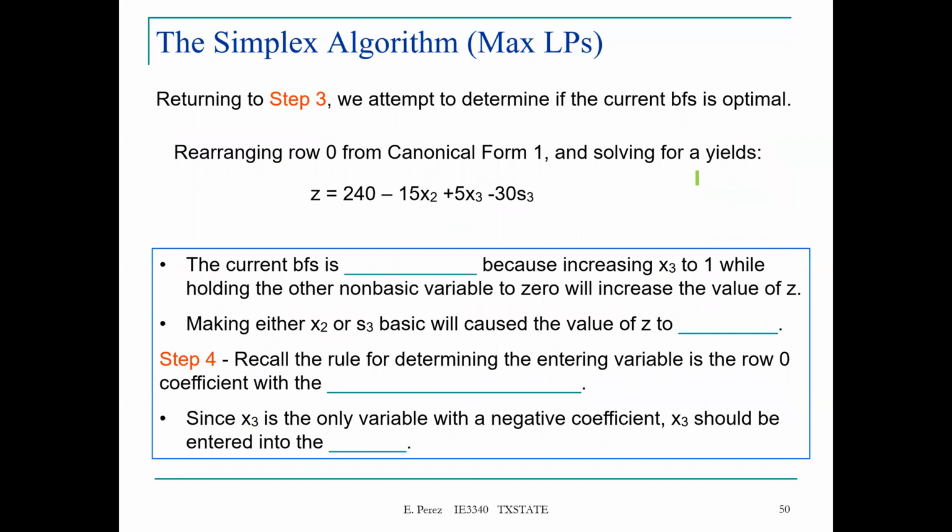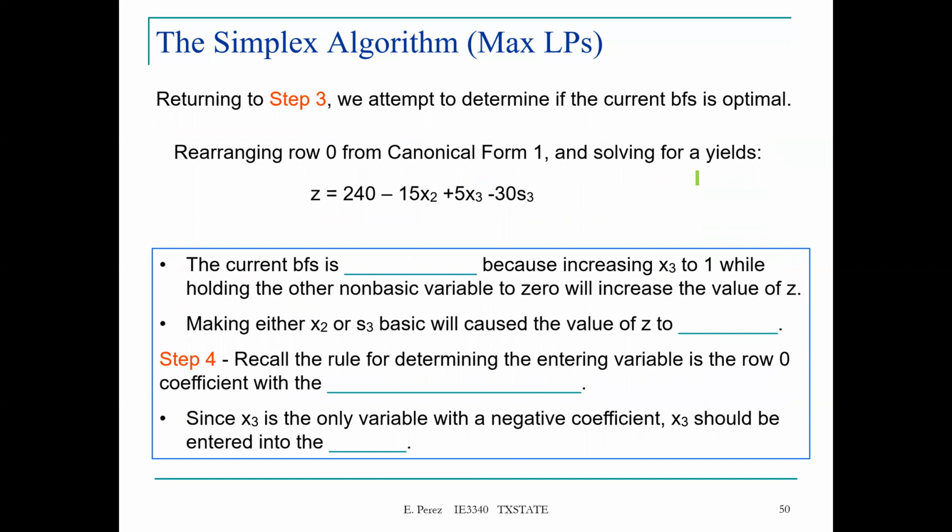So returning to step 3, we attempt to determine if the current basic feasible solution is optimal. Rearranging row 0 from canonical form 1 and solving for z yields this equation: z equals 240 minus 15x2 plus 5x3 minus 30s3.